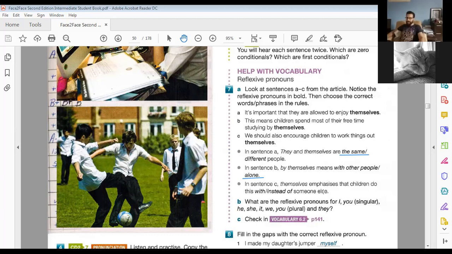I have an idea. To emphasize something is to, you know, sort of make it clear, or to focus on it, or to concentrate your attention on it. It's like saying in sentence 3, themselves stresses that children do this.